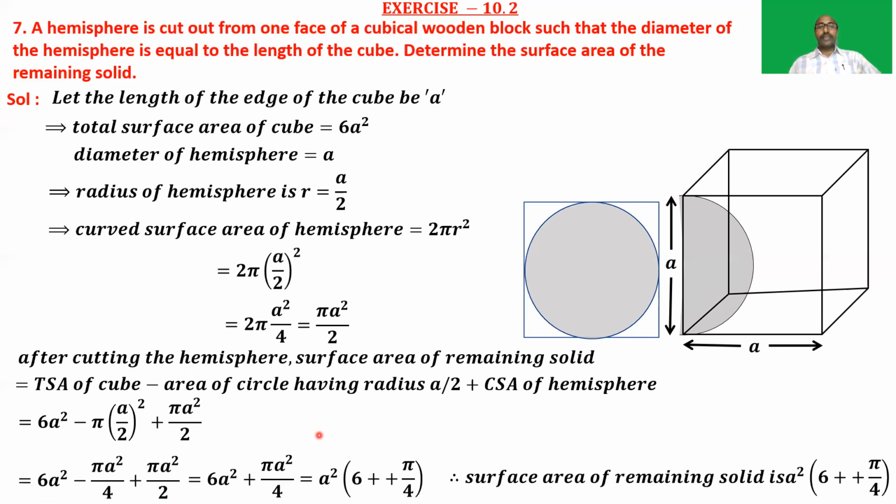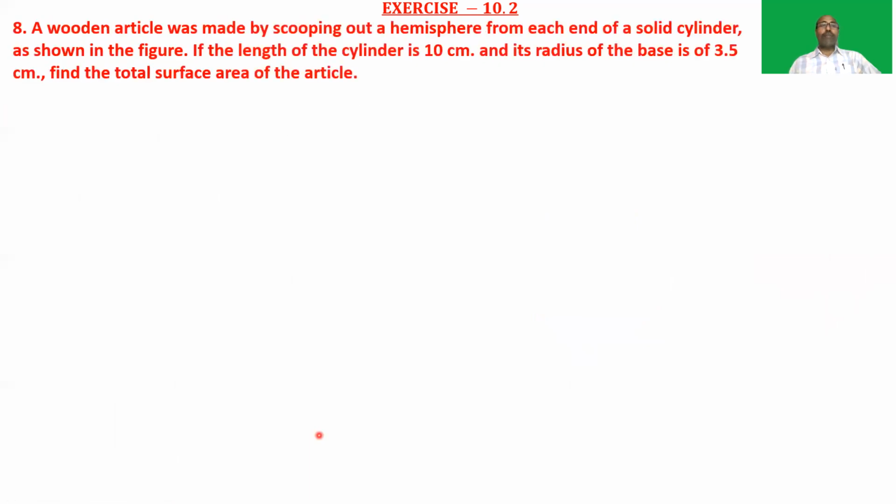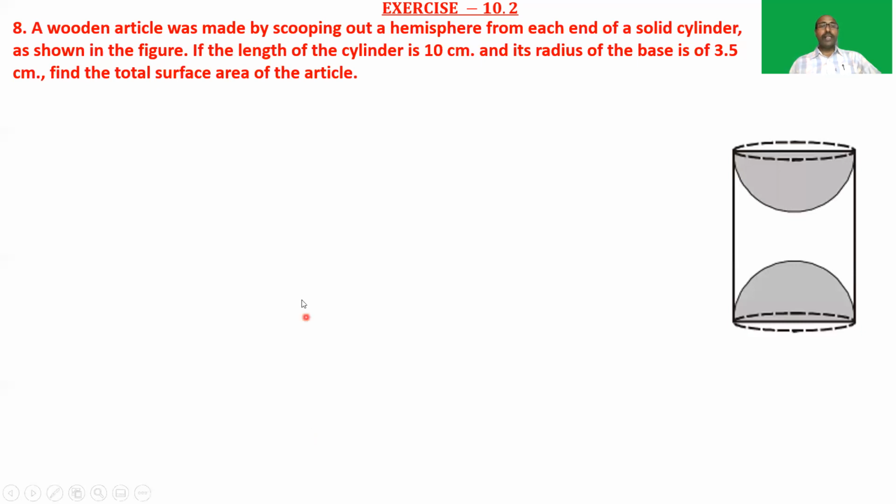Now let's take the last one in this exercise. A wooden article was made by scooping out a hemisphere from each end of a solid cylinder, as shown in the figure. If the length of the cylinder is 10 centimeter and the radius of its base is 3.5 centimeter, find the total surface area of the article.